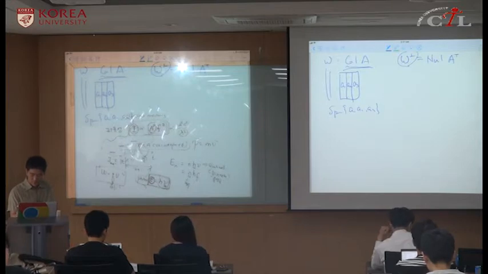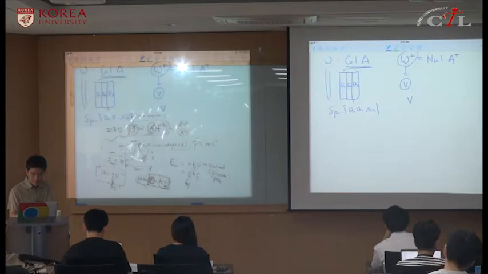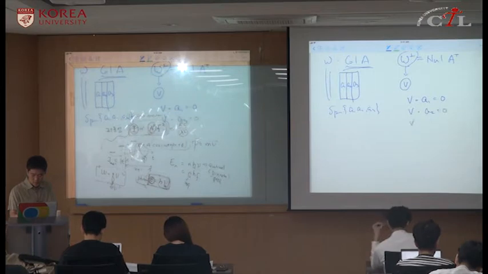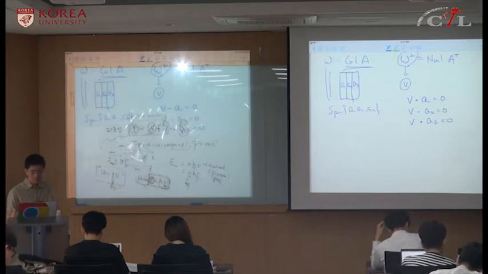In that case, such a vector, let's call this vector V, what kind of conditions or requirements does it need to satisfy? So this guy should be this guy, and this guy, right?